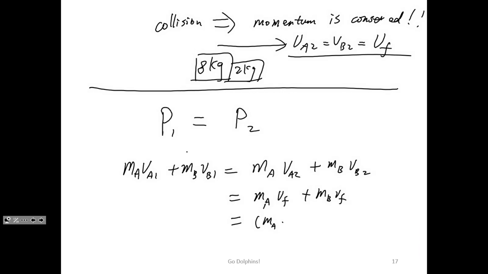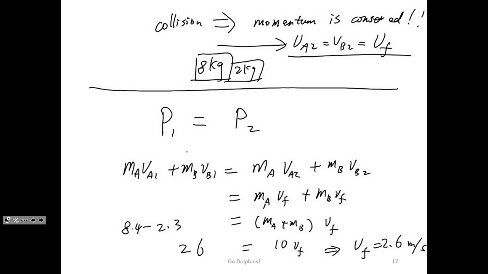So it's MA plus MB times VF. So already calculated, the left hand side is 8 times 4, subtract 2 times 3, gives me 26, right? So to solve this one, this is 10 times VF equals 26. VF is 2.6 meters per second.